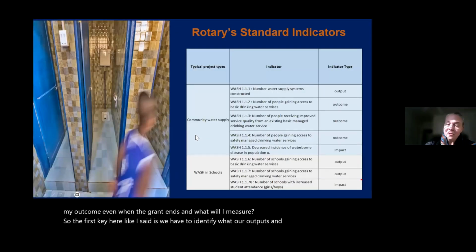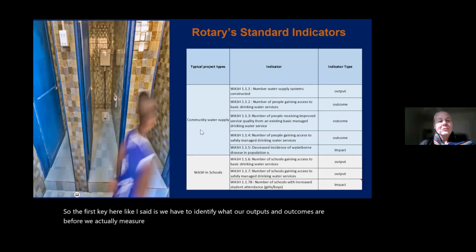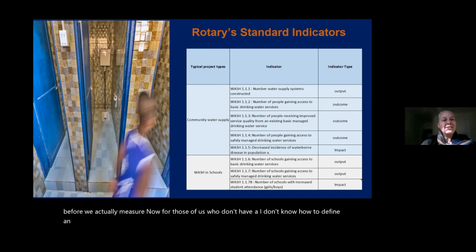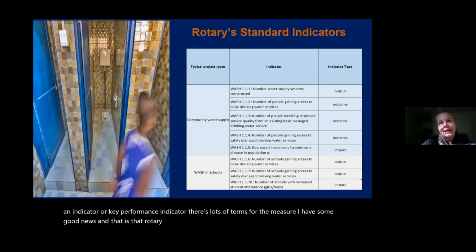Now, for those of us who don't know how to define an indicator or a key performance indicator, there's lots of terms for the measure. Well, I have some good news, and that is that Rotary is developing standard indicators that are going to help fit the type of project that you're doing.